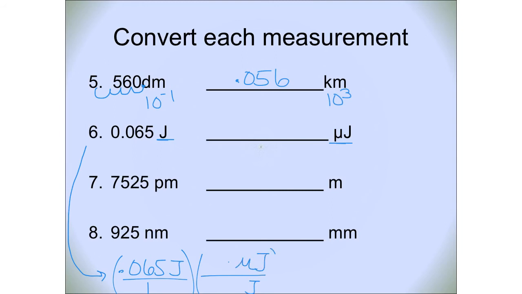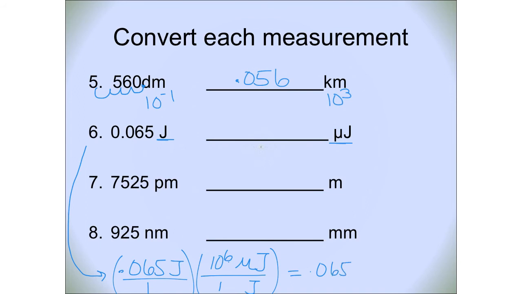Microjoules goes up top, and my base unit is joules. I know that in 1 joule, joule again is a unit of energy, there would be 10 to the 6, which is a million microjoules. So they're very tiny, so my number is going to go up.